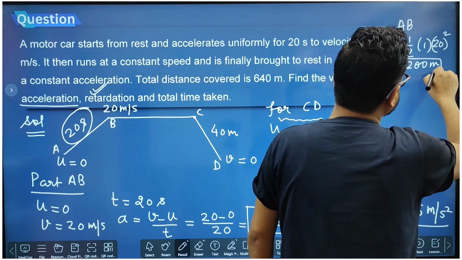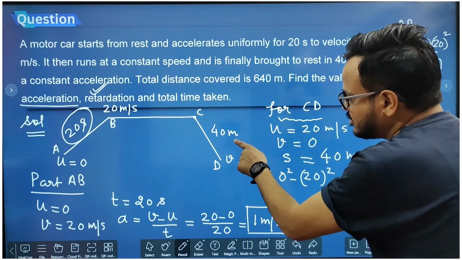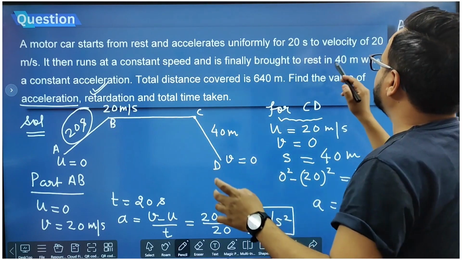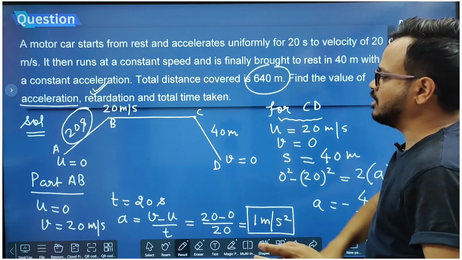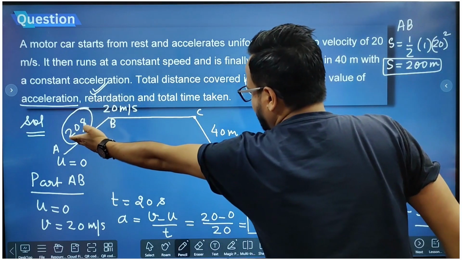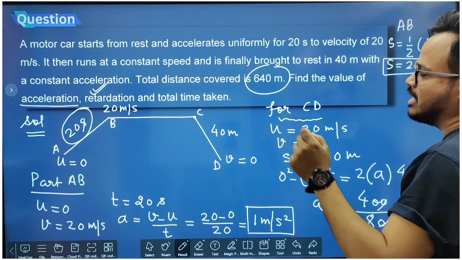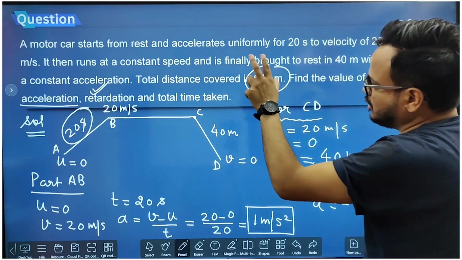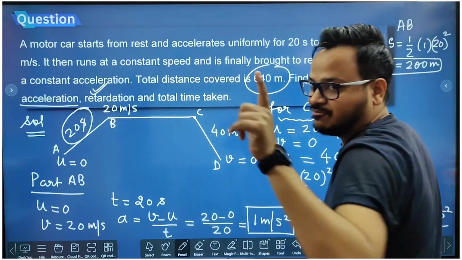This distance is 200 meter and this distance is 40 meter. Then this BC distance is what? The total distance is 640 meter. If we add 200 plus 40, that is 240, and then we subtract 240 from 640, then this distance BC is 400.